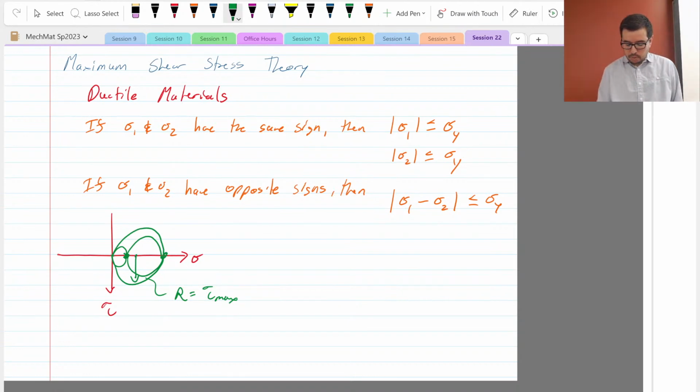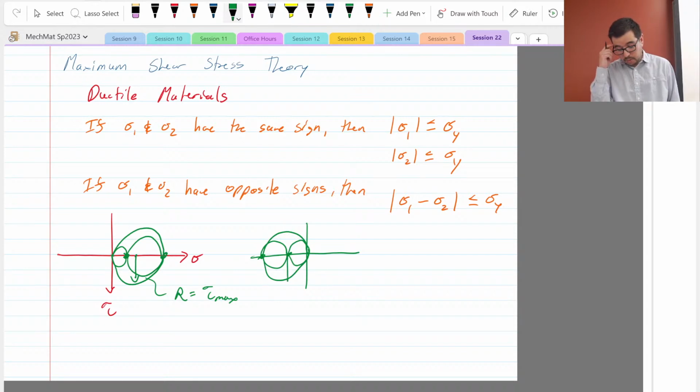In the case if they're on this side, same deal. They're both negative. R is equal to tau max.